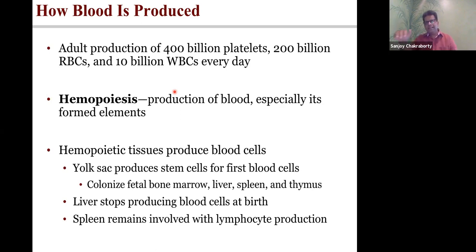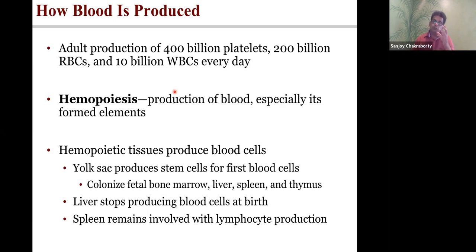So we are recycling the others and producing new ones. The production of blood, particularly the formed elements, all the blood cells, is called hemopoiesis. Poiesis means production, formation. Hem, blood. Hemopoiesis, blood production.